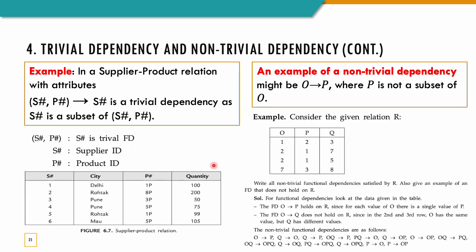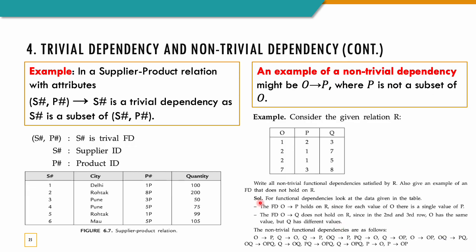In other words, if you already have an attribute in a set, it's trivially dependent on the whole set. In the supplier-product relation, S is the supplier ID and P is the product ID.